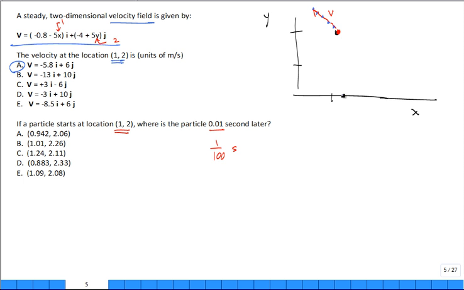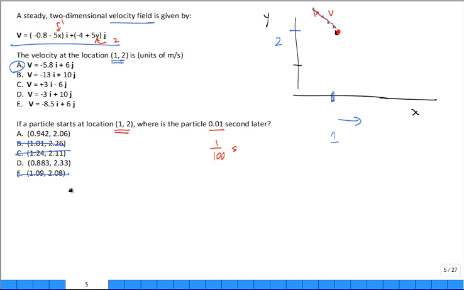Could it have an x greater than 1? So I'm down to two choices. Can it have a y less than 2? No. Both of them, okay, now I have to do work. Oh well, I got it down to a 50-50, right?